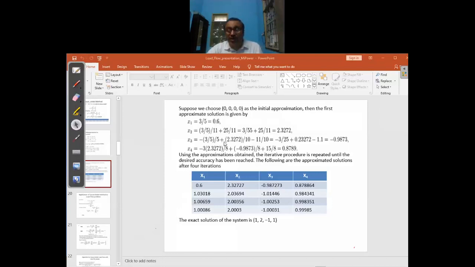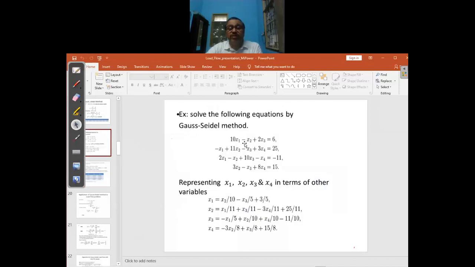And in these equations, I just substitute those values. Take the initial values on the left hand side. So x2 is 0, x3 is 0, x1 is 0, x4 is 0. So all zeros you substitute, and whatever values of x1, x2, x3, x4 you get, these are your solutions after first iteration.